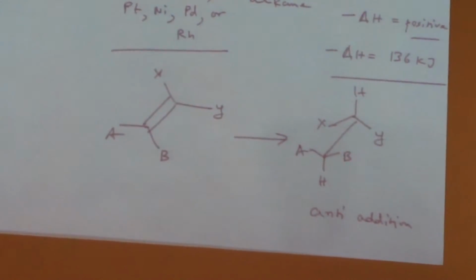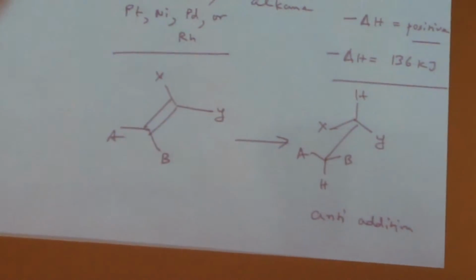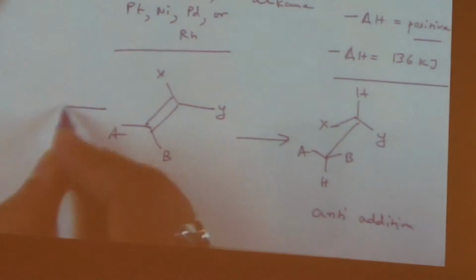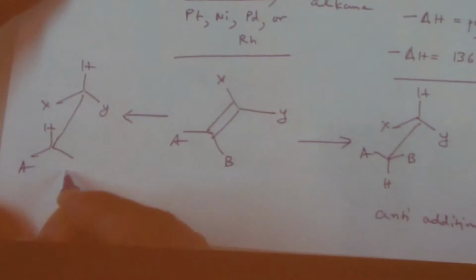Or it can happen as syn addition, where both hydrogens would come, let's say, from the top. So the other possibility would be H, X and Y, and then H, A and B. So this is syn addition.